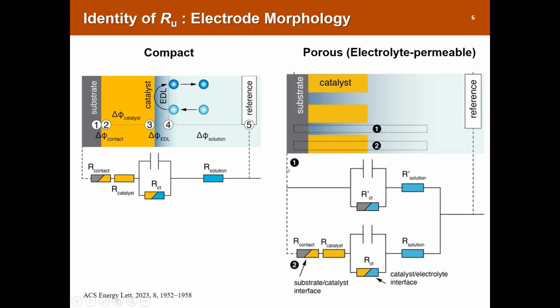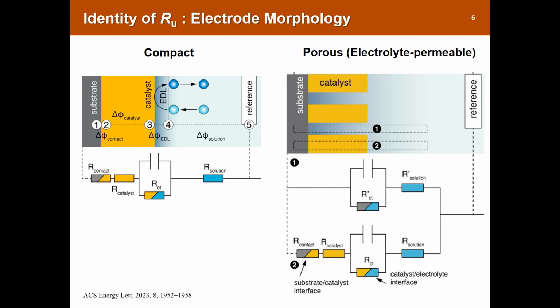This is something that many people miss when they do the RU compensation. When you measure the uncompensated resistance, you're going to get only one value. So you're saying that if it is compact electrode morphology, that one RU value you obtain is a combination.